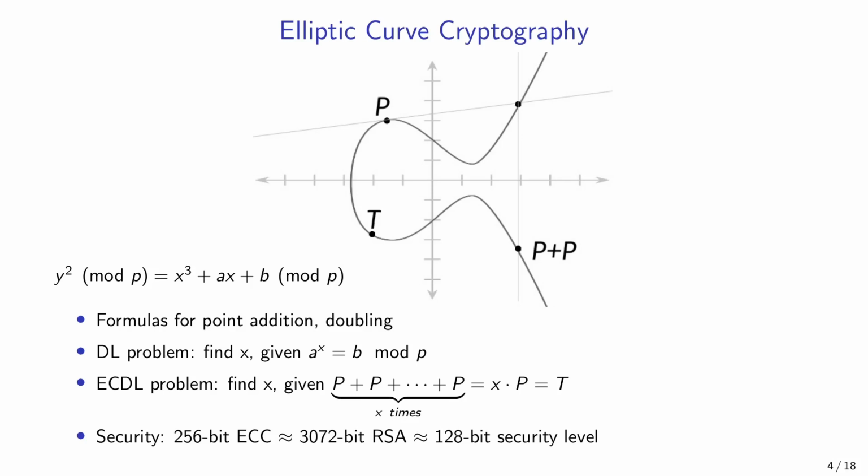For instance, a 256-bit ECC has the same security level as 3072-bit RSA, which is believed to provide a 128-bit security level. 256 bits here is the size of the field defined by prime p here. So for elliptic curves, the provided security level is half of the size of the curve. A 256-bit curve provides a 128-bit security level, a 160-bit curve only 80 bits, and so on.